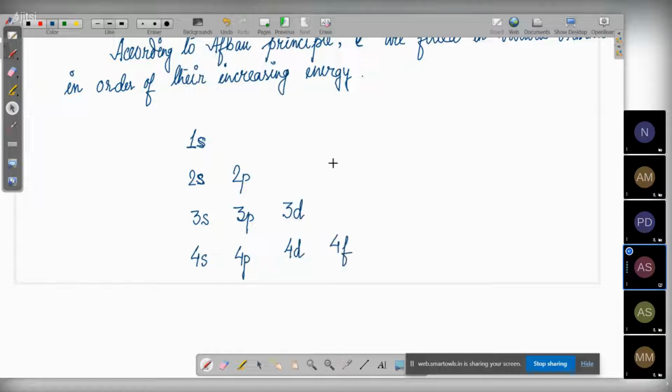Why am I not writing anything called 2d, 2f, 1p, 1d, 1f? Because yesterday we saw that such orbitals cannot exist. From the azimuthal quantum number, we saw that l can go up to n minus 1. If you are confused, then see the azimuthal quantum number.